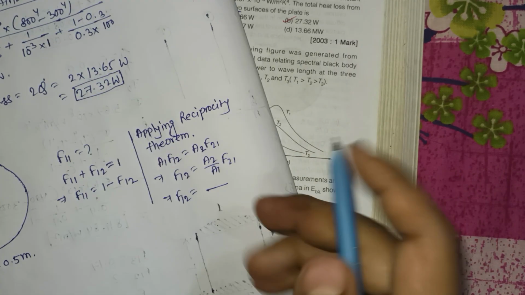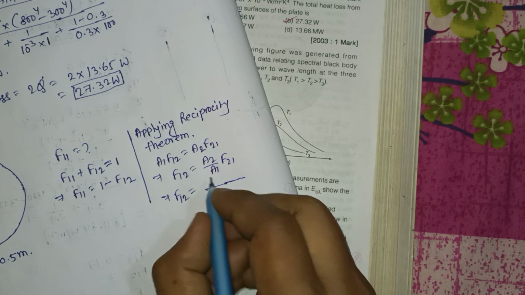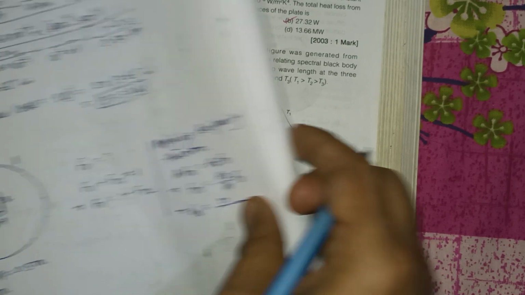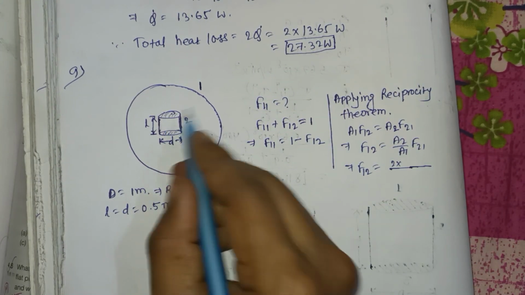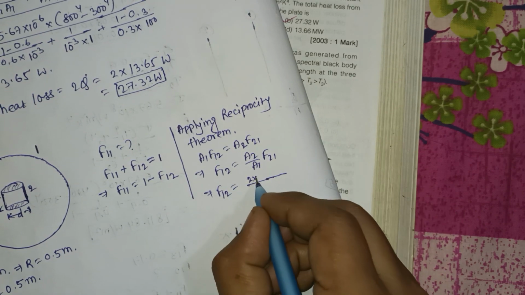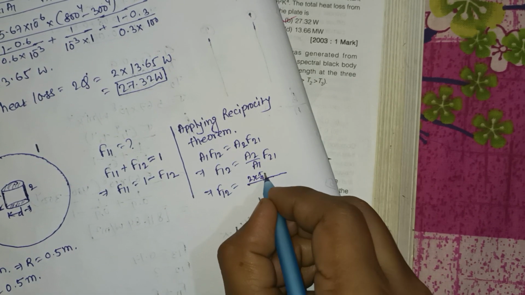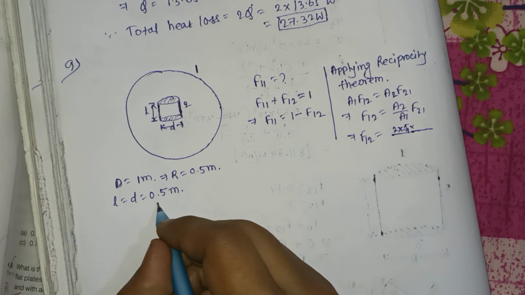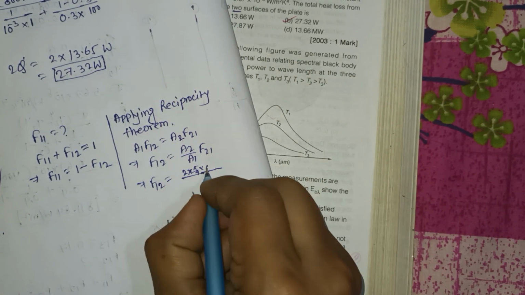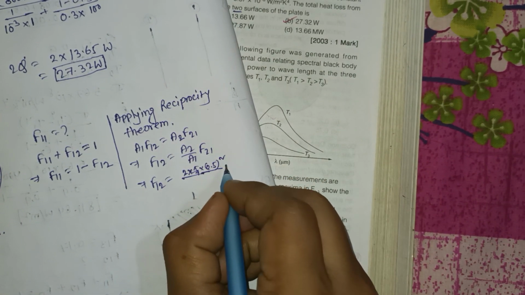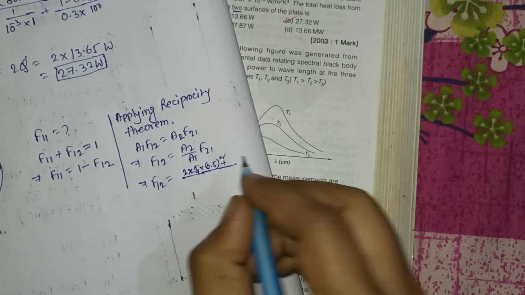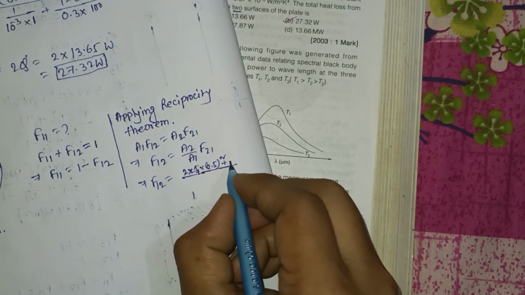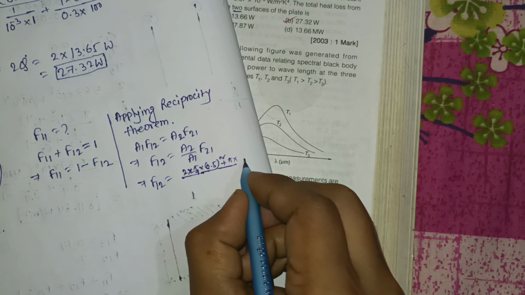So 2 into pi by 4 into d square, where d is 0.5, squared, plus pi into d into l.